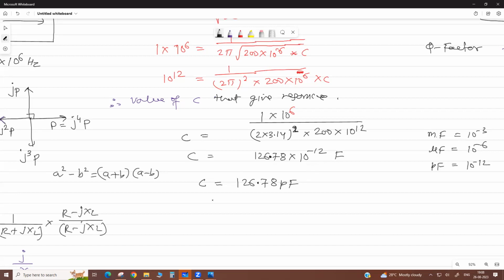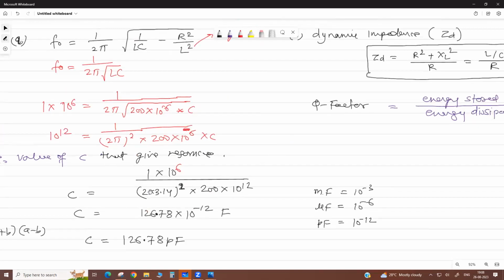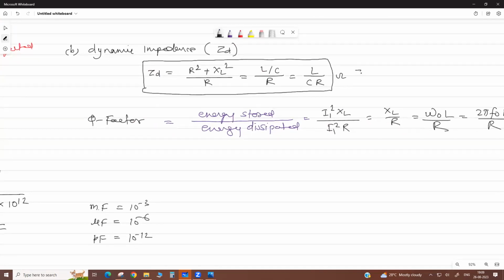Okay, now you calculate dynamic impedance. So this is part A. Part B. Now you know the value of L. Hello, what is the value of L? 200 into 10 raised to power minus 6 Henry. You put in Henry.